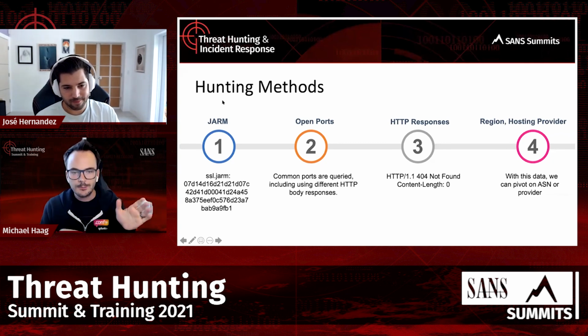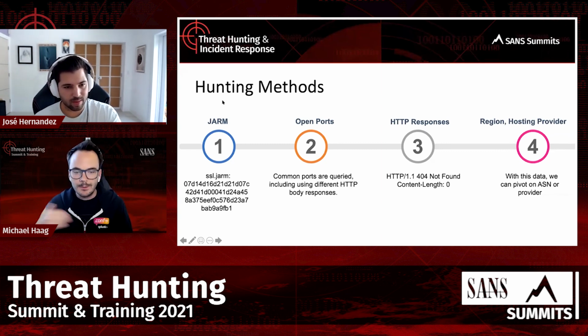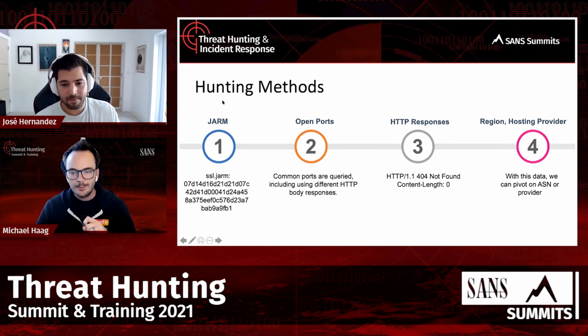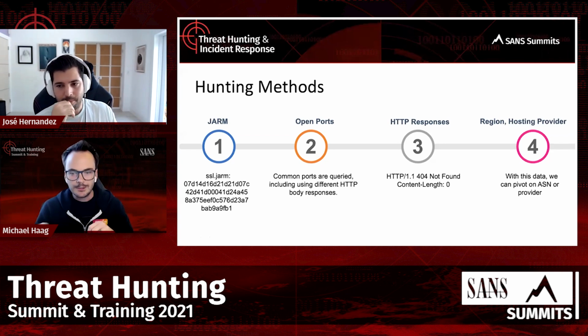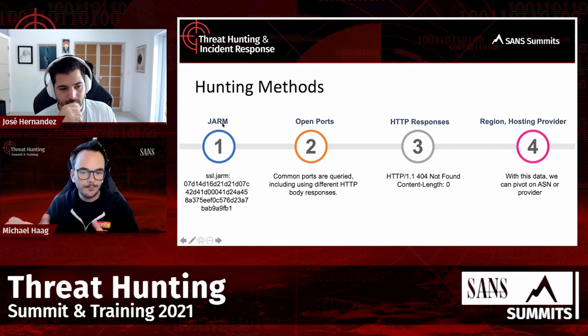So there are lots of JARMs we can use. Then we mix it with ports. Not every port needs to be scanned; there might be very specific ones, and that's what we target. And then looking at HTTP responses, Michael Koczwara and Pavel released a tool recently too, but one of their Shodan dorks looks at the responses, like HTTP 1.1 404 Not Found and content length 0.